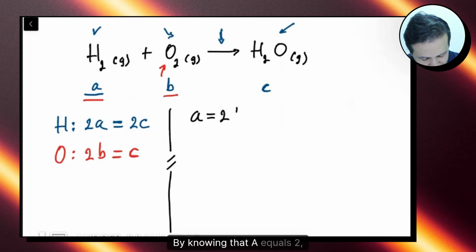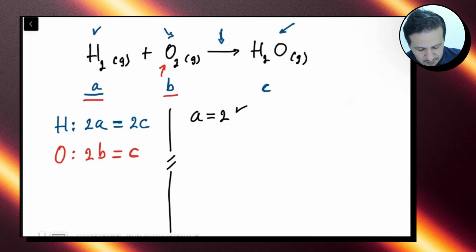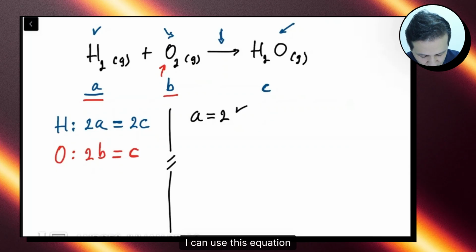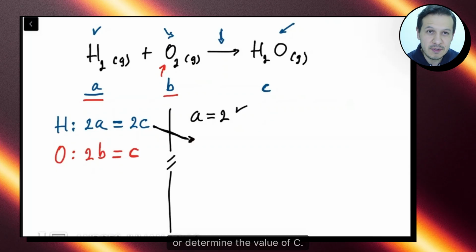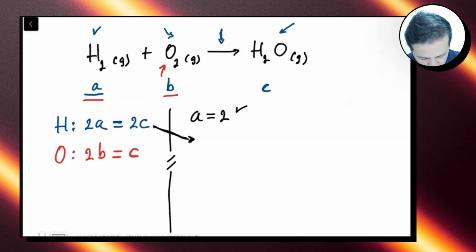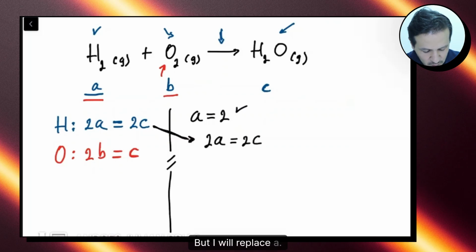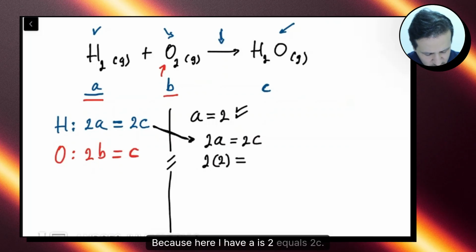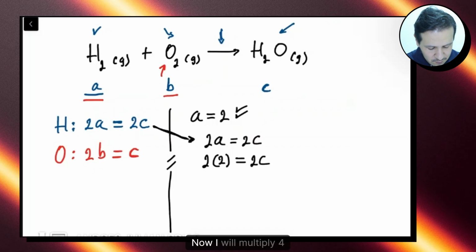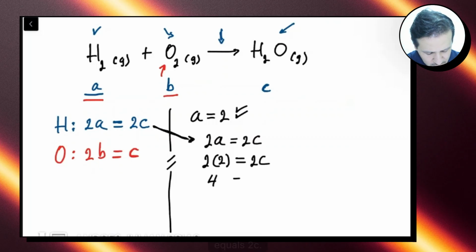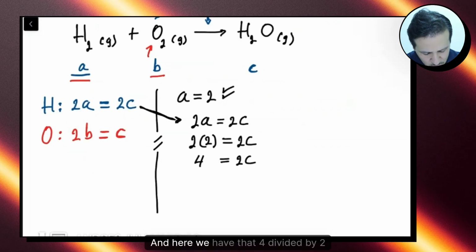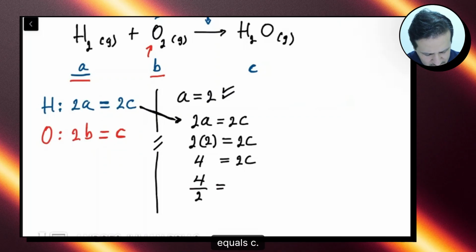By knowing that A equals 2, I can use this equation to determine the value of C. So I will put the equation 2A equals 2C, but I will replace A with 2. Now I will multiply: 4 equals 2C, and here we have that 4 divided by 2 equals C.